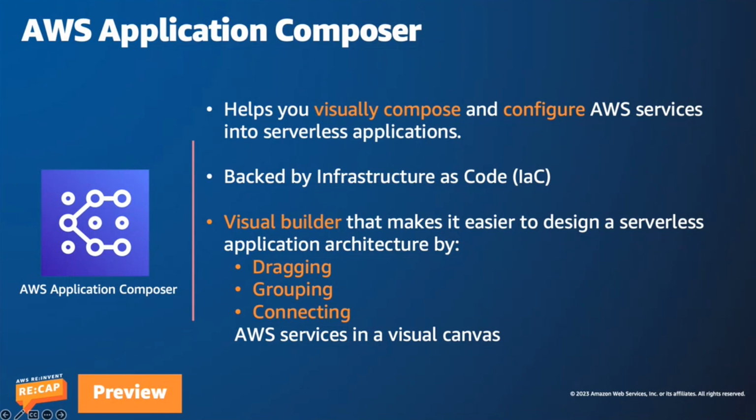For those of you that are new to serverless, you might experience a steep learning curve when trying to compose applications out of multiple AWS services. So sometimes it turns out to be hard, right? And then we have created AWS Application Composer, which helps you visualize and set up AWS services into the specific application. So it's really straightforward.